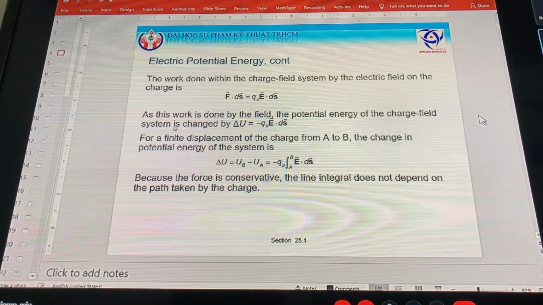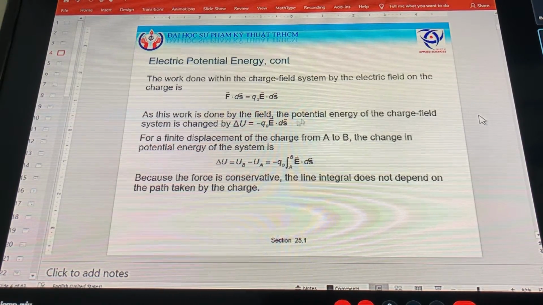Then, because the work is done by the field, let's come back to the mechanical part. You will see that because the force of the field does some work, then we can have this equation.